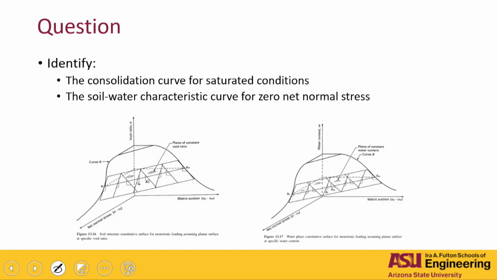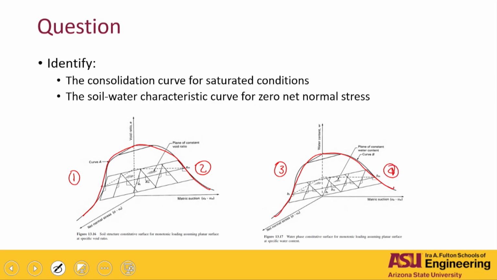So, a question for you, and I already gave you the answer. If you put this into a log scale, it's going to look like this. Can you identify the consolidation curve for saturated conditions here? Is it this one, which I call 1, or this one, which I call 2, or with respect to water content, which I call 3, and this one, which I call 4?